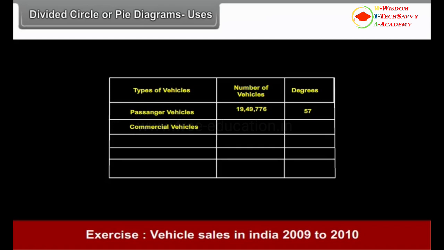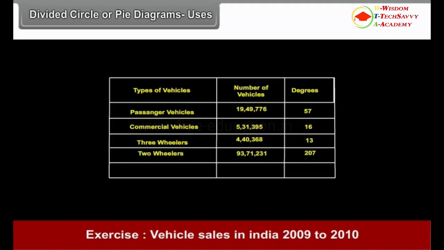Commercial vehicles, 53 lakh 1,395, 16 degrees. 3 wheeler vehicles, 44 lakh 368, 13 degrees. 2 wheeler vehicles, 9 crore 37 lakh 1,231, 274 degrees. Total 12 crore 29 lakh 2,770, 360 degrees.